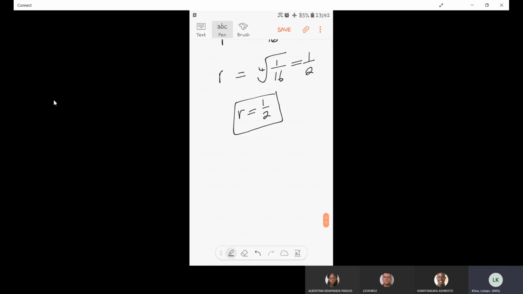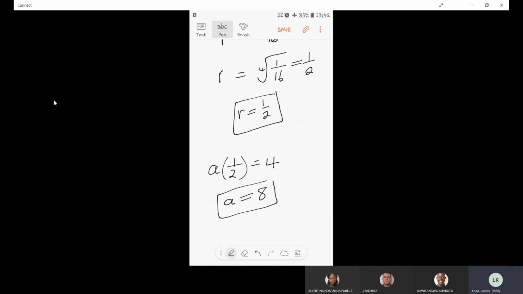You'll still get the same answer. It doesn't matter. So I have a multiplied by r, which is a half, equal to 4. Okay, so divide by a half on both sides, or multiply by 2 on both sides, you get a is equal to 8. So now I know what my a is and I know what my r is.